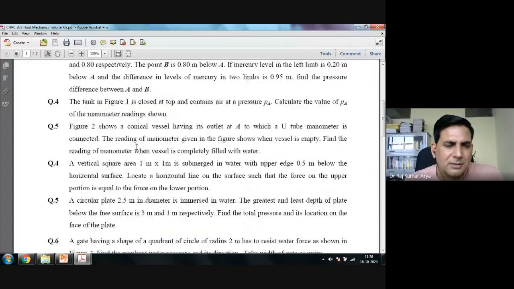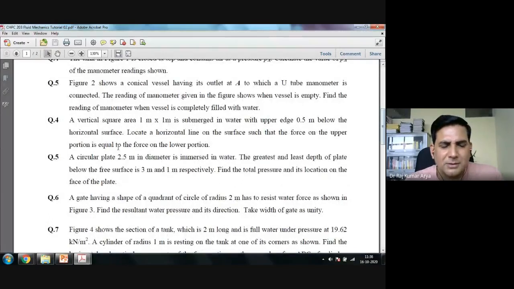This one. Okay. Question 4 is two places now. So you have a vertical square area 1 meter by 1 meter, submerged in water with the upper edge 0.5 meter below the horizontal surface. Locate a horizontal line on the surface such that the force on the upper portion is equal to the force on the lower portion.